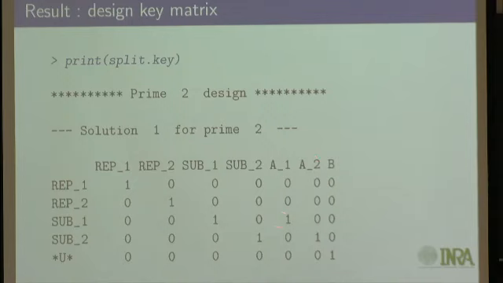And the solution is given here. What you can see is that A1 and A2, the pseudo factors associated with A, are linear combinations of the columns, here trivial linear combinations of the column of sub 1 and sub 2. So this is a condition to satisfy the hierarchy constraints which has been given at the start. And B is identified to U, and so it is completely orthogonal to the rep and sub pseudo factors.